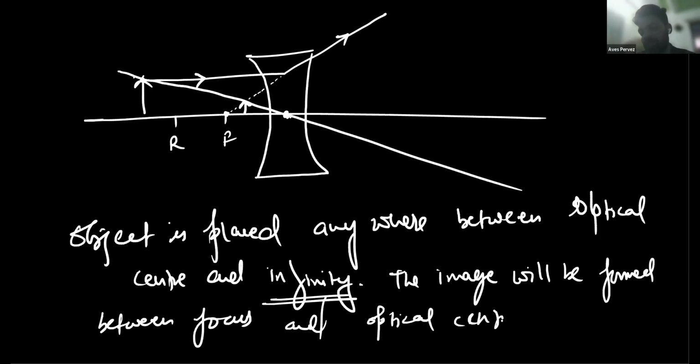So there are two cases. If the object is at infinity, the image will be formed at focus. And if the object is placed anywhere except infinity, then the image will be formed between optical center and focus. It is not going to form the image anywhere else. It will always form a virtual image. So note it down.